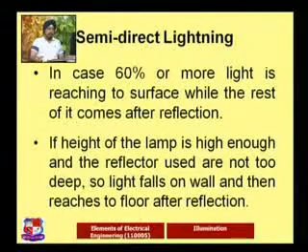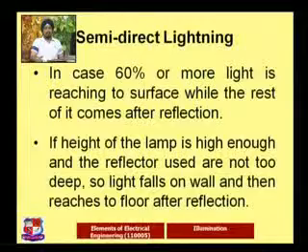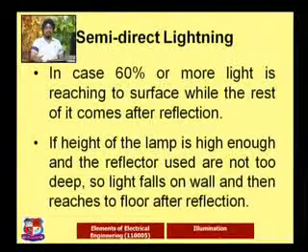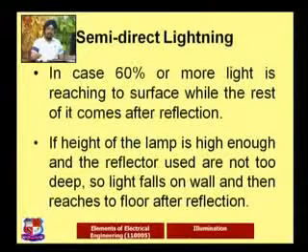Now, if the height of the lamp is high enough and the reflectors used are not too deep, light falls on the wall and then reaches the floor after reflection. It means we have to control the height of the source.